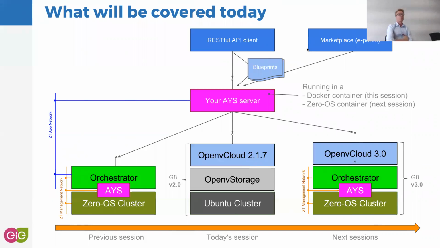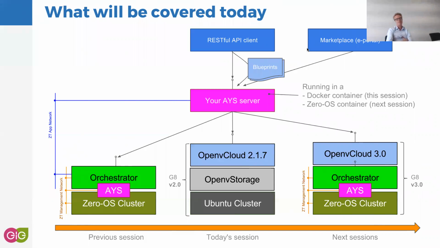I promised you that going forward, we will get rid of the Docker containers and switch to the containers as we support them in a 0S cluster. The orchestrator, which until now always ran in a Docker container, will then run natively on top of a 0S node.